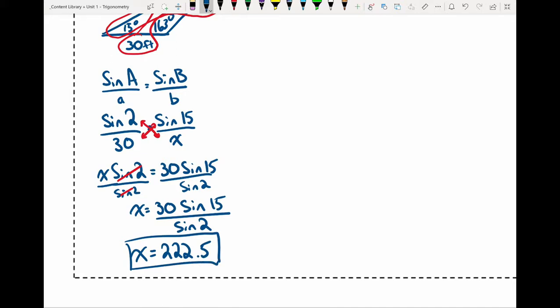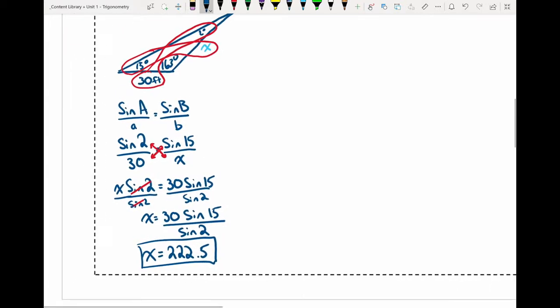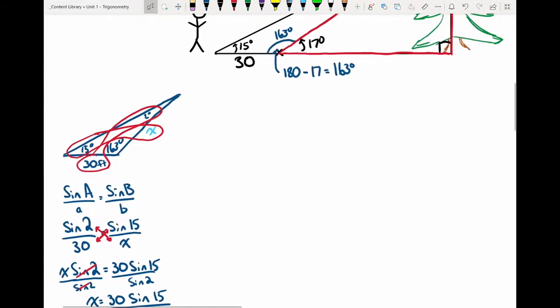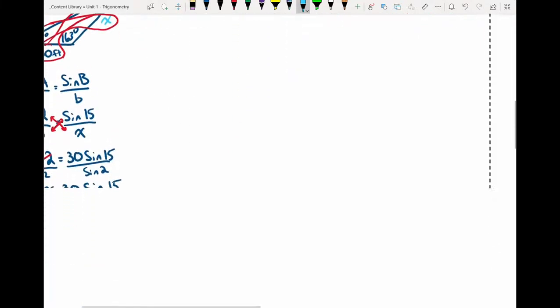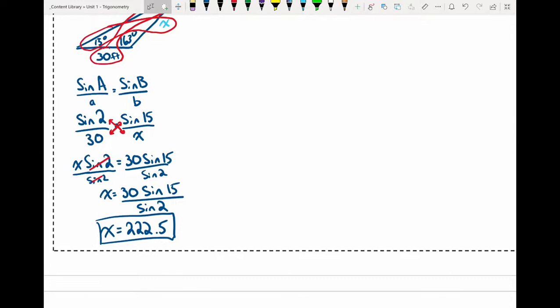I'm going to box that, and that doesn't mean that that's the answer, but that does give us enough information to go through. So I'm going to erase the x because now this is going to be 222.5. Actually, let me go down here.